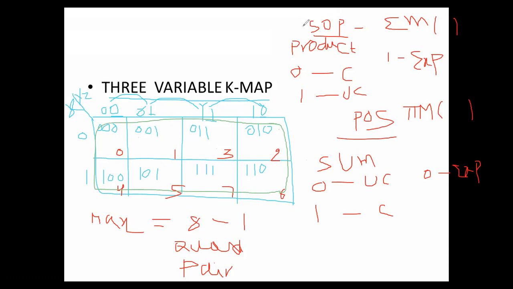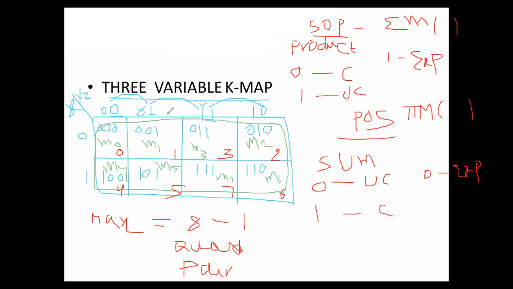First we discussed SOP only. SOP means this will be small m0, small m1, small m3, small m2, m4, m5, m7, m6.